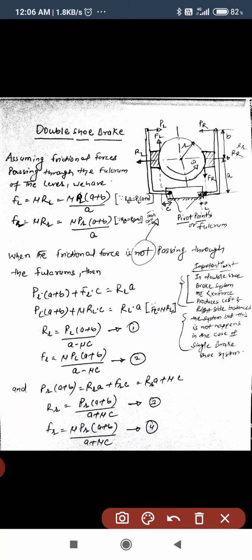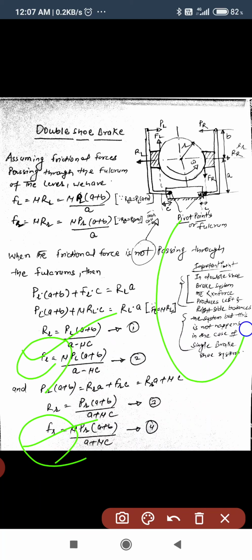PL is the applied force on the left side, and we will get this equation, as well as this equation. So it is very simple to calculate the FL and FR values.